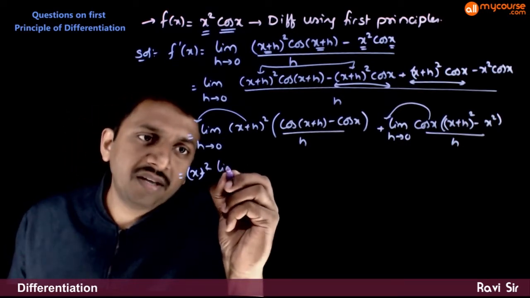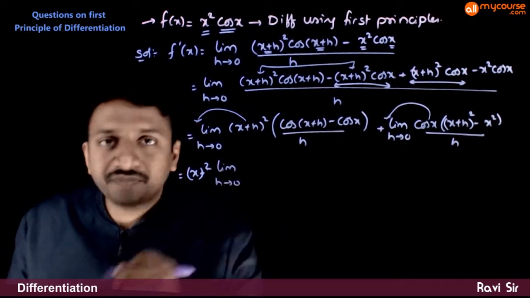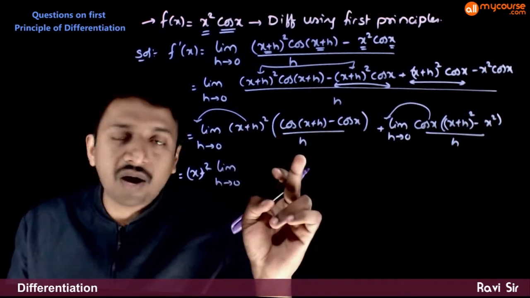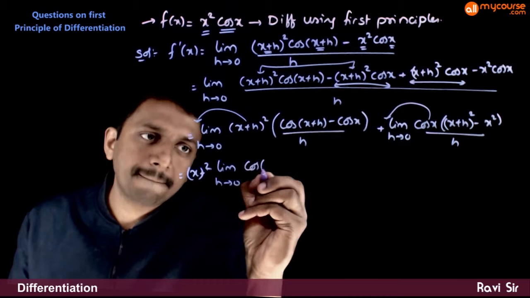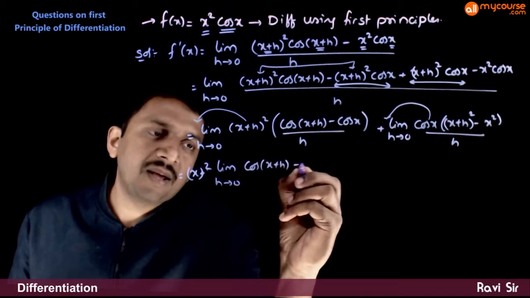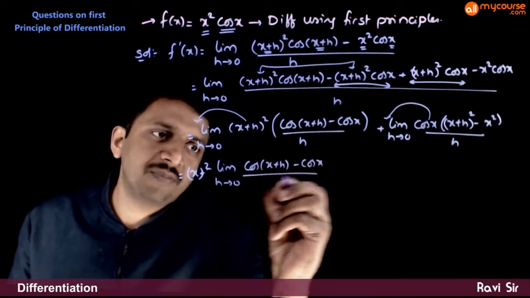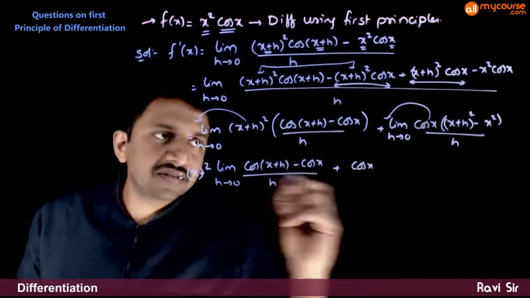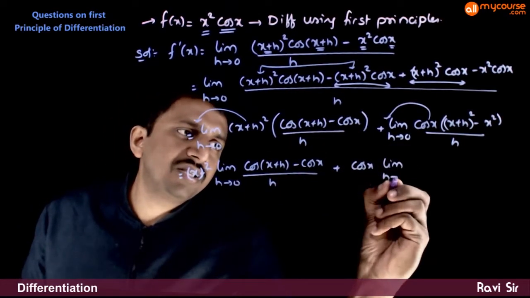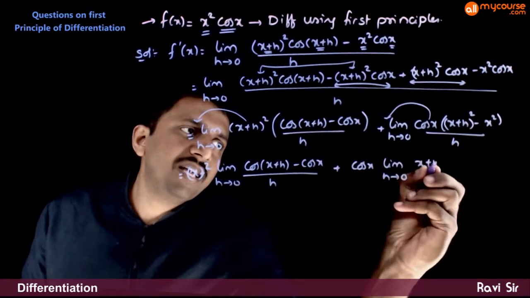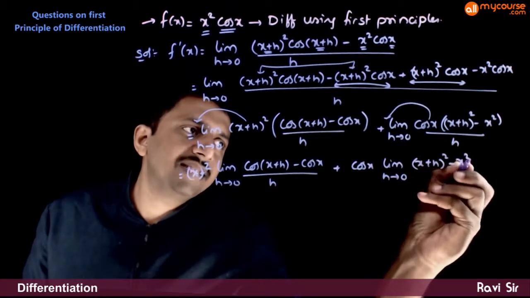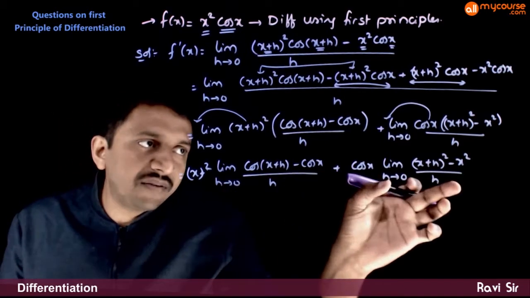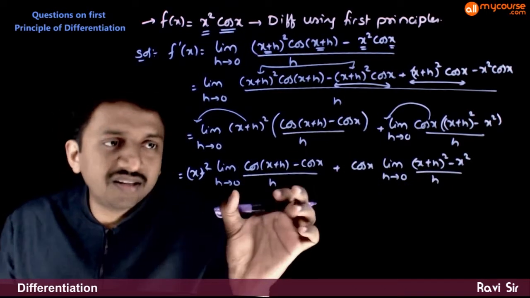So limit h tends to 0, cos (x plus h) minus cos x by h, plus cos x times limit h tends to 0, (x plus h) whole square minus x square by h. So now these two are very straightforward limits.